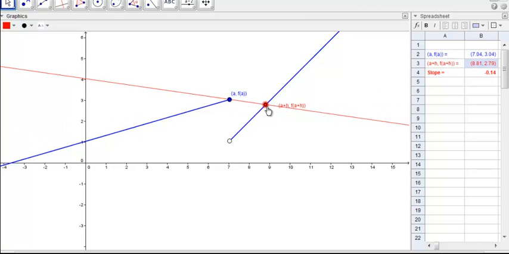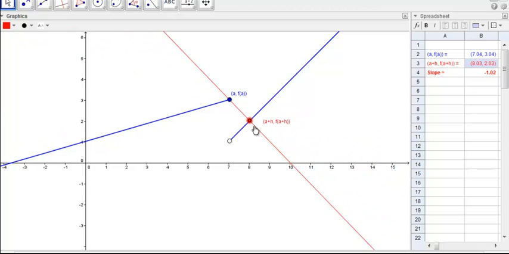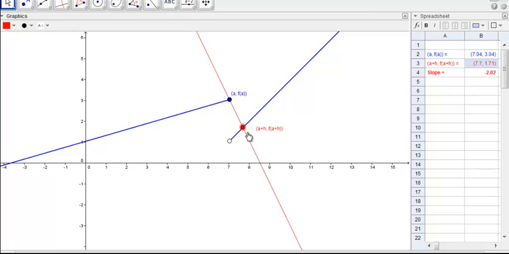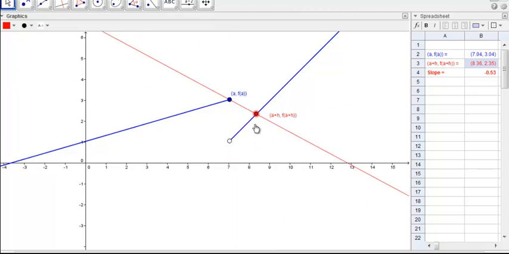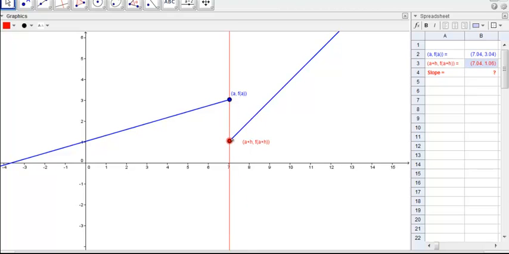Now we have some different slopes, but look what happens as we let this come in. What happens to these secant lines? They're getting closer and closer to a vertical line, and remember the vertical line doesn't have a slope. The slope is undefined. And anytime we're going to have a break in the graph, at least from one side, we're going to get this.